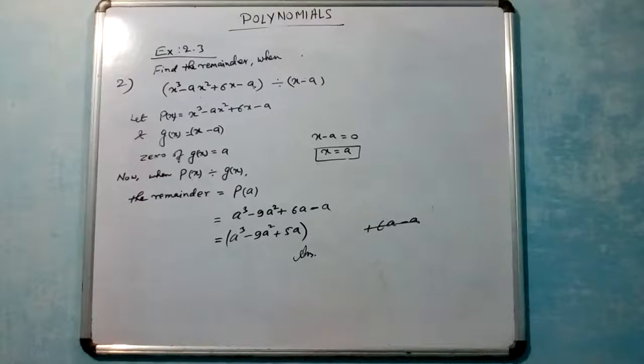We'll discuss everything: 2.1, 2.2, 2.3. After discussion only we will go to 2.4. Don't worry. And one more thing, in 2.3, the first sum and the second sum, you will try everything by yourself, 1 to 5 of the first sum and the second sum.